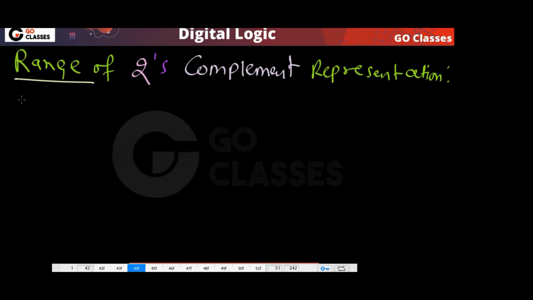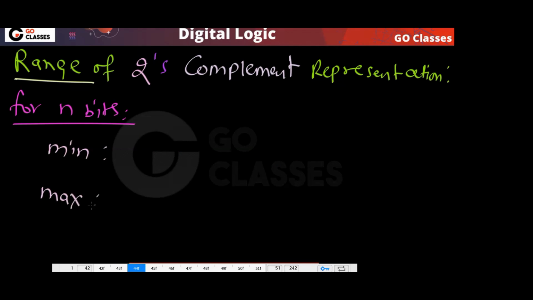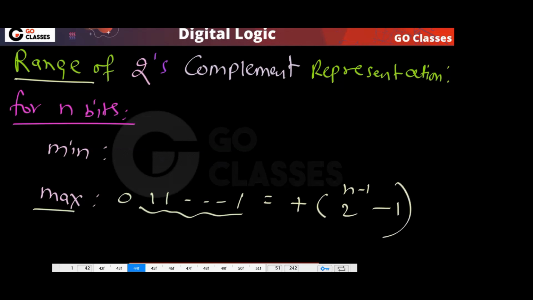Now, the same question for n bits. What is the minimum you can create, and what is the maximum you can create? For the maximum, it will be 0 followed by all ones, so that will be 2 power n minus 1 minus 1. And the minimum will be 1 followed by all zeros, because this will give you the weight minus 2 power n minus 1.